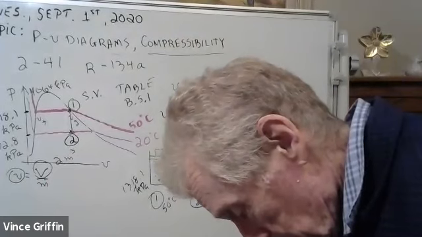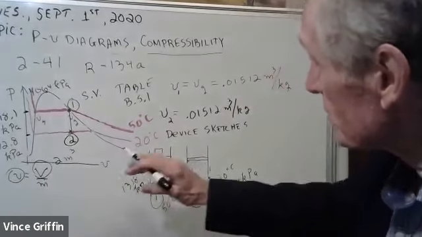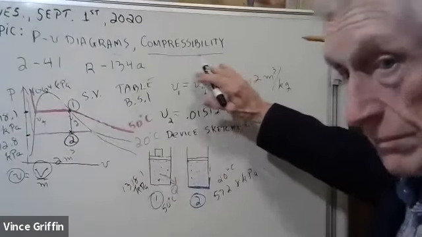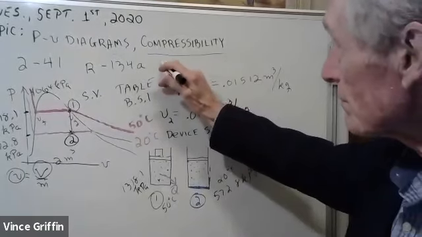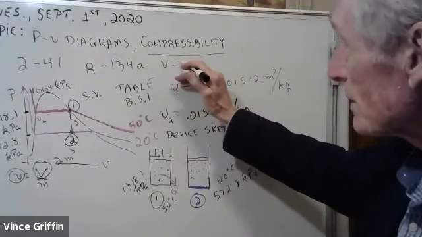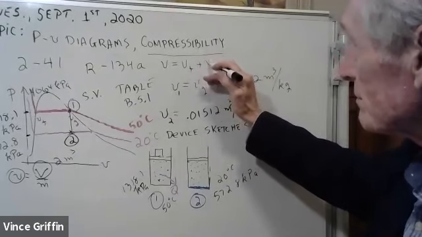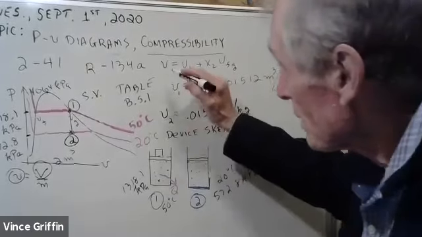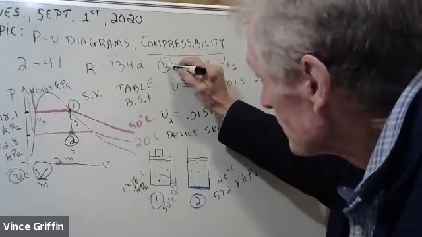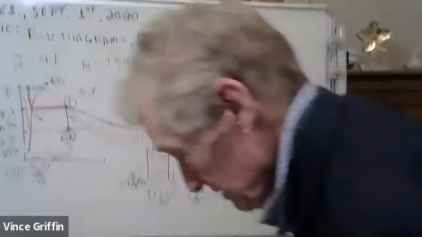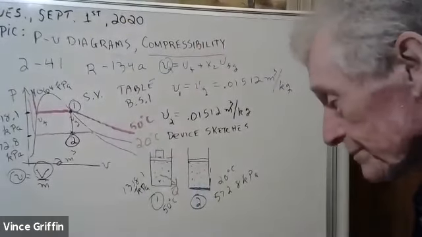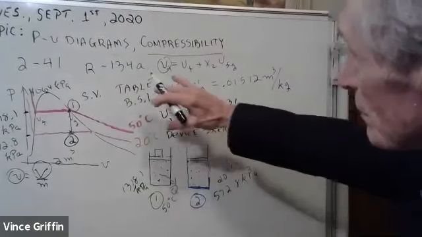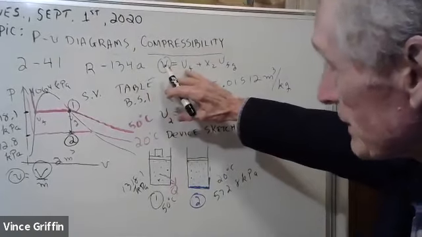Now, they wanted the quality, Reagan. Now, to get the quality, I need a little room here someplace. How about up here? Here's how you do it. I showed you this equation last time. We showed you where it came from. Now look, we know we're going to do the quality at state 2. Of course, it's the same as at state 1. So we know the specific volume, and hey, we can get this VF.